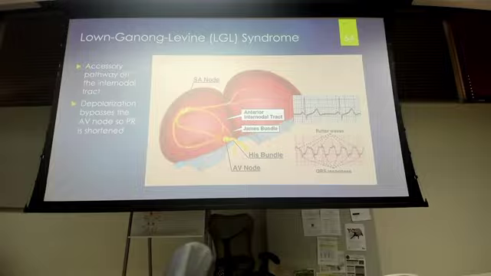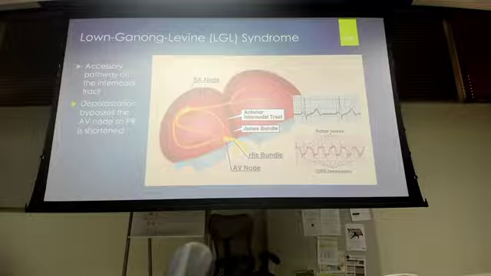So we've got firing at the SA node, but that firing is going to come down, and some of it is going to go down to the AV node and down onto the ventricles, but then some other depolarizations are going to go around the AV node, this James bundle, or bundle of James, and it's going to go directly down to the bundle of His and down to the ventricle.